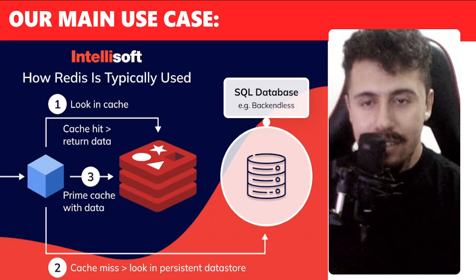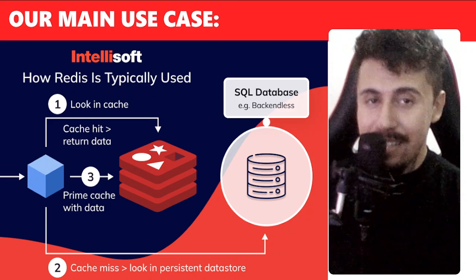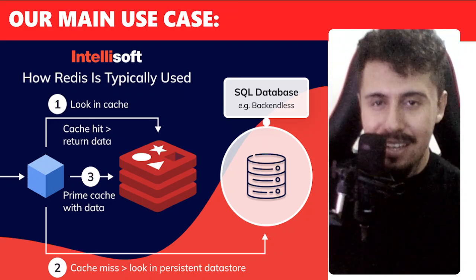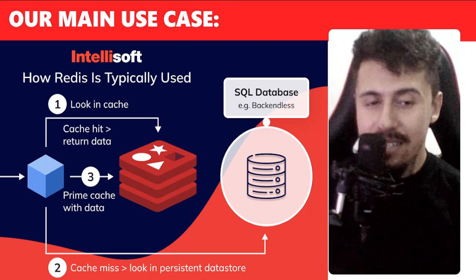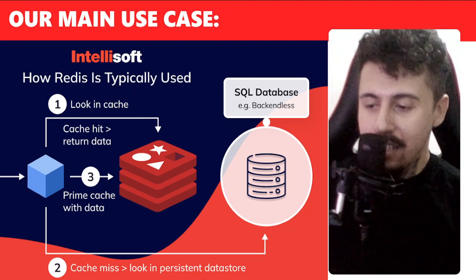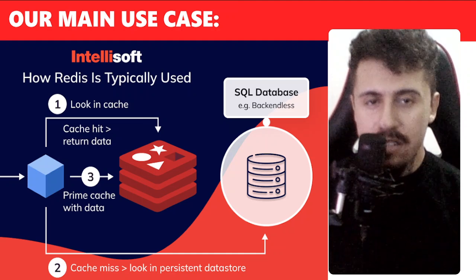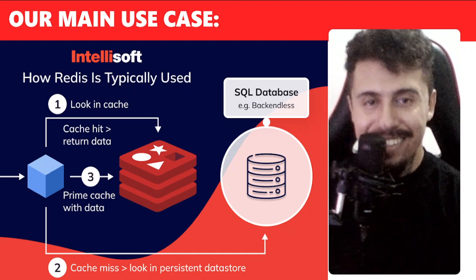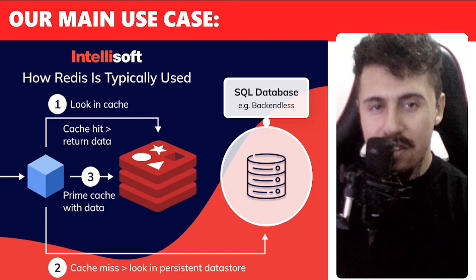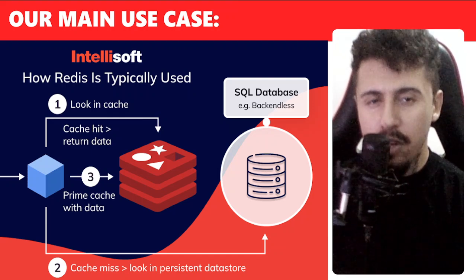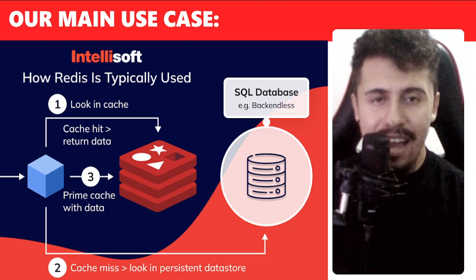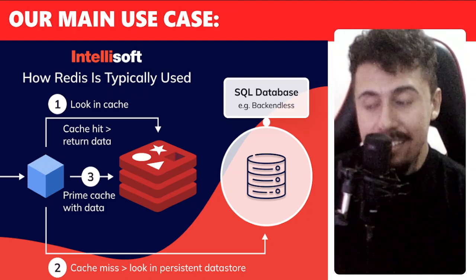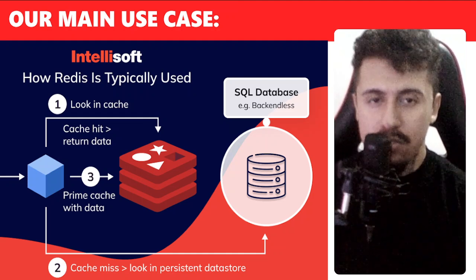This right here, as I told you before, is the main use case, because everyone thinks that Redis only serves the purpose of caching. All right, Redis is frequently known as a caching database, and I already told you that it is not.